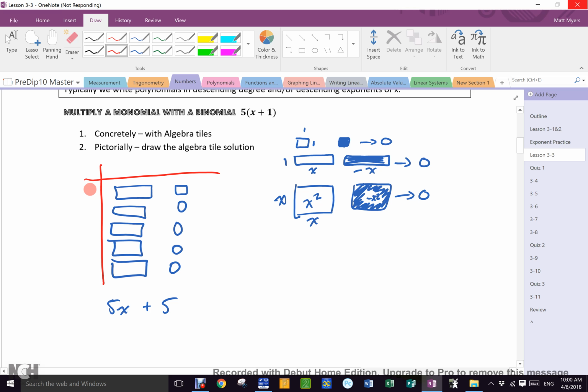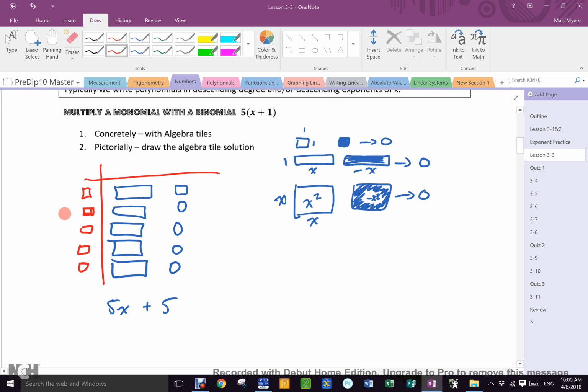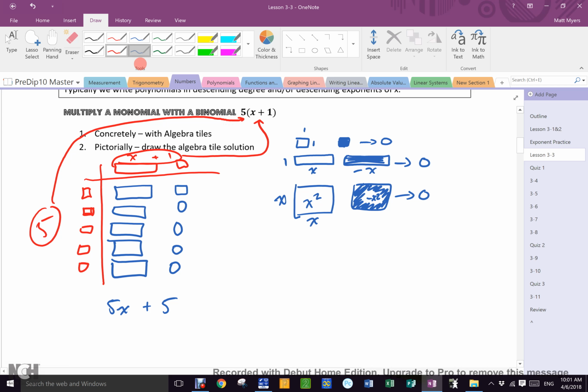Correct? Down this side, I got 1, 2, 3, 4, 5. What do I got out here? X and 1. X plus 1. So that and that are my factors. This is my product.